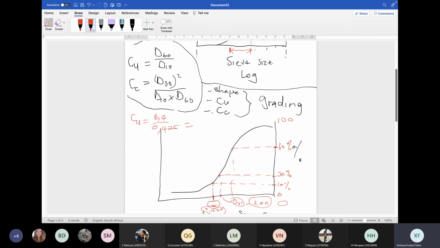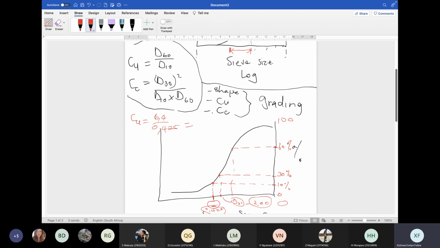Other questions might be different, but this one specifically, I need to make a disclaimer that you make a decision based on those ranges. You refer back to them. So you need to know that CU greater than 5 indicates what, CU less than 3 indicates what, CC between 1 and 3 indicates what, and CC less than 1 indicates what.